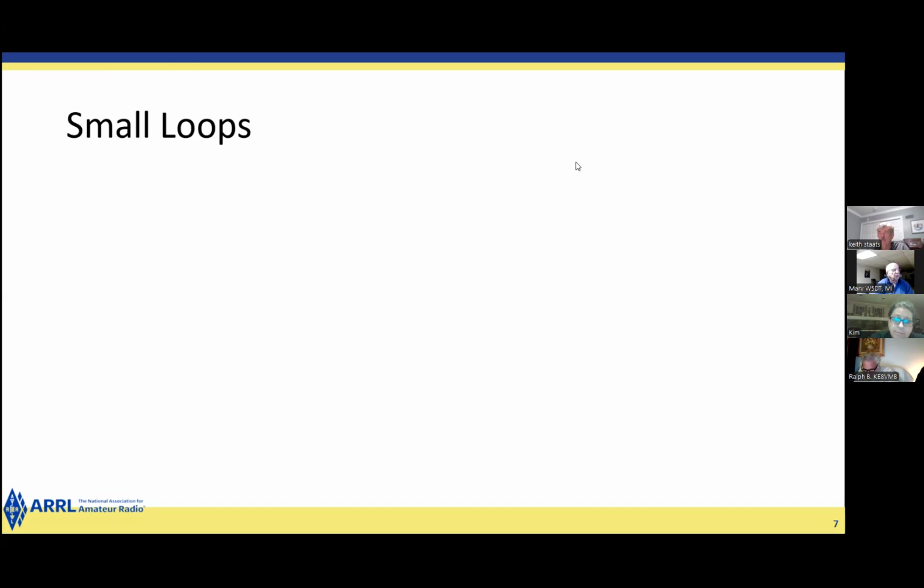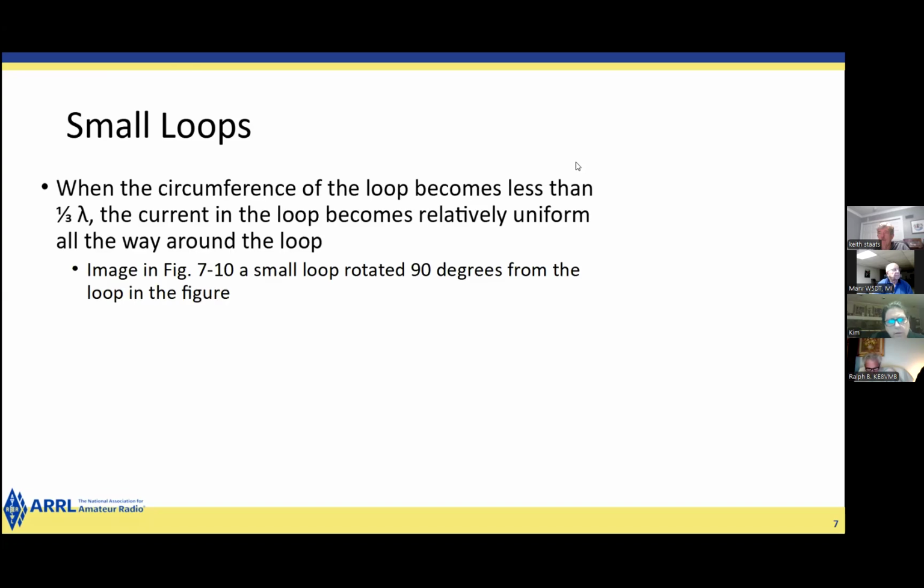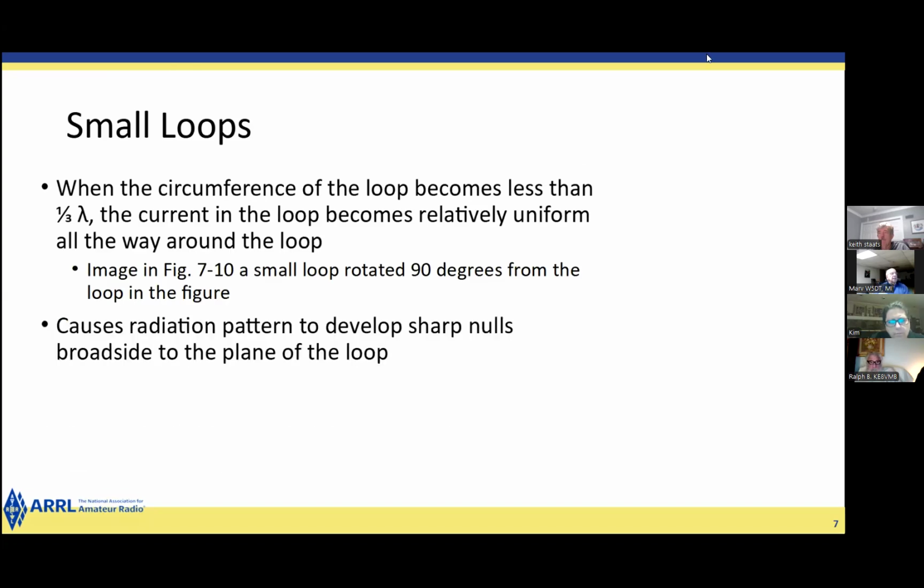Now let's go on to small loops. When the circumference of the loop becomes less than a third wavelength, the current in the loop becomes relatively uniform all the way around the loop. So if you look at image 710 in your book, that's what we were looking at previously.